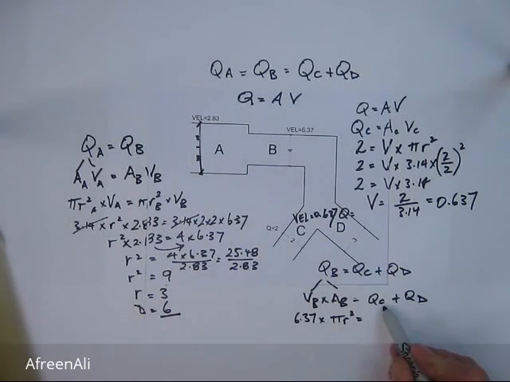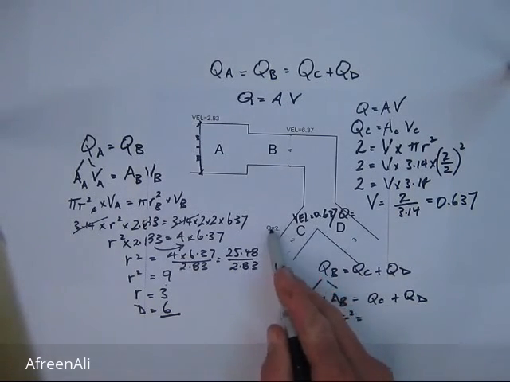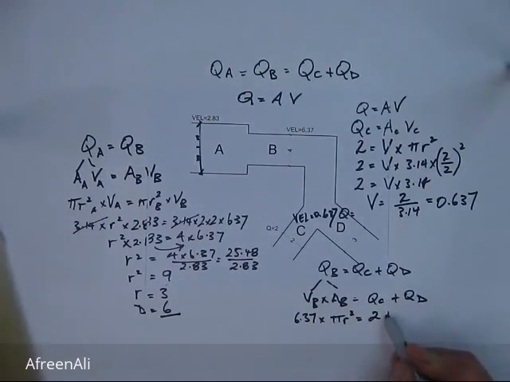And we know the flow rate at C is 2 plus the flow rate at D.